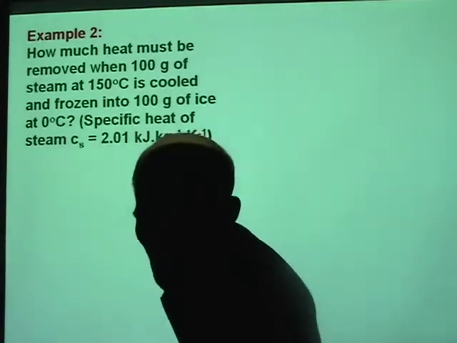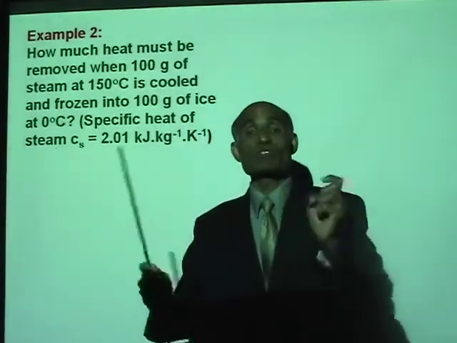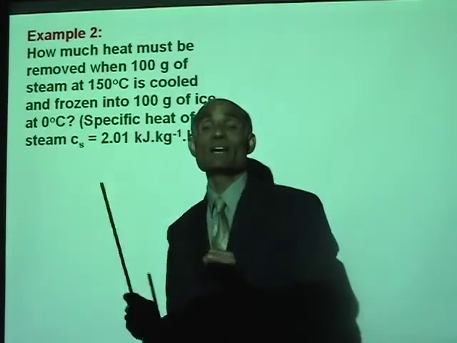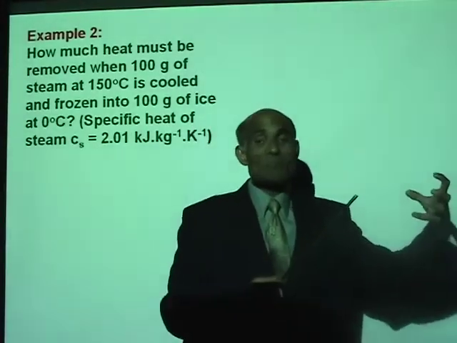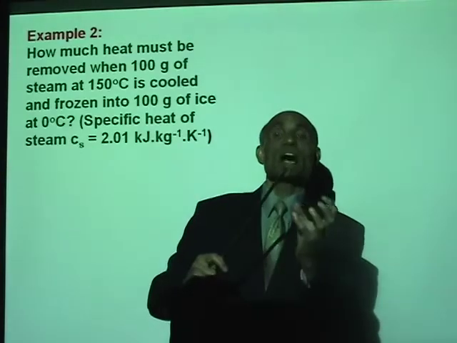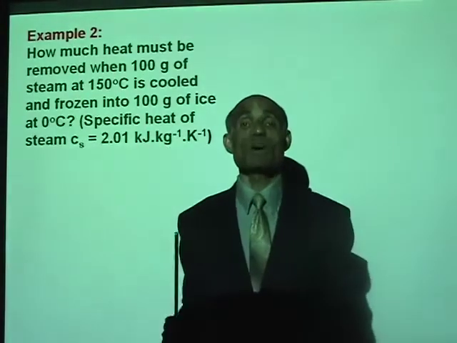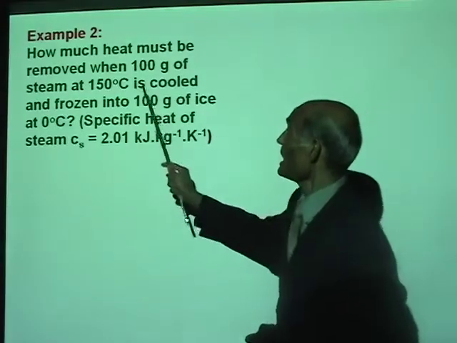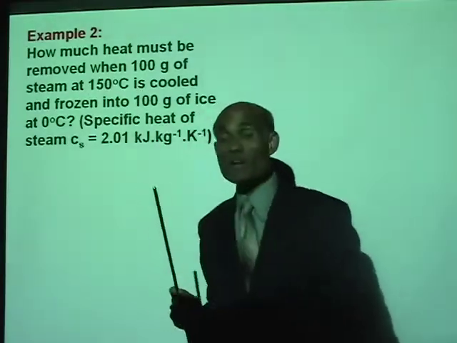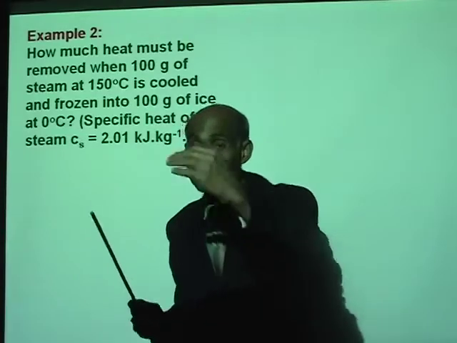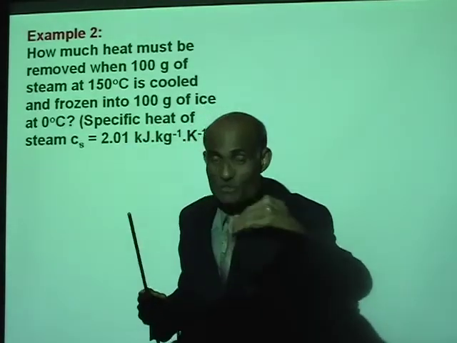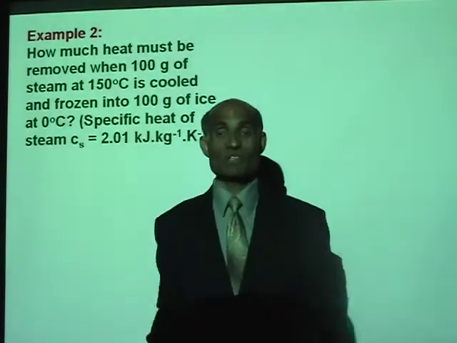If you notice this, this is the reverse process of what we did earlier. Earlier we took ice at minus 50 degrees Celsius and heated it until it became steam at 100 degrees Celsius. Here I have steam at 150 degrees Celsius. It's going to cool down to become ice at 0 degrees Celsius.